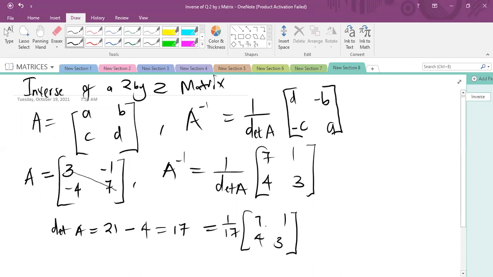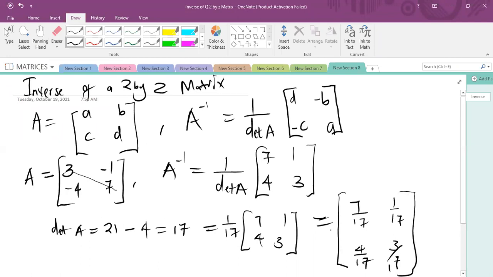And multiplying this by each term here, we will have 7 over 17, 1 over 17, 4 over 17, 3 over 17. So that's basically how we go about getting the inverse of a 2 by 2 matrix, guys.